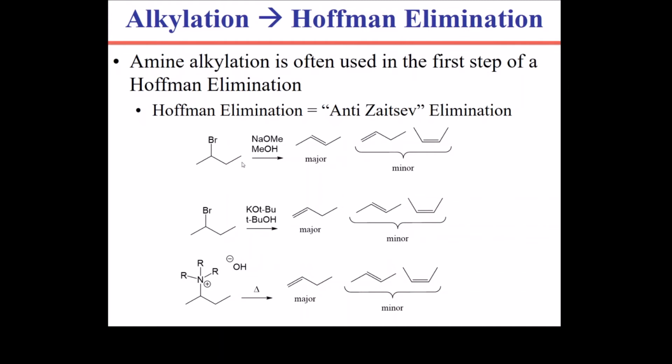An alkyl halide in the presence of an alkoxide base will typically undergo E2 elimination. This methoxide would end up pulling the hydrogens either from this carbon or this carbon right here. If the methoxide pulled the hydrogens from this carbon, then we would end up with this as our product.